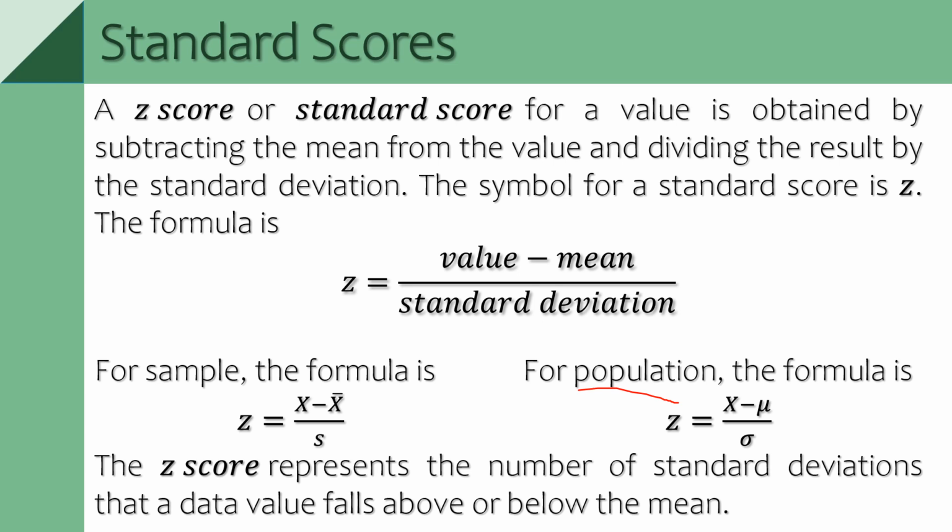The standard score or z-score tells you how many standard deviations the data value is above or below the mean for the specific distribution of values.